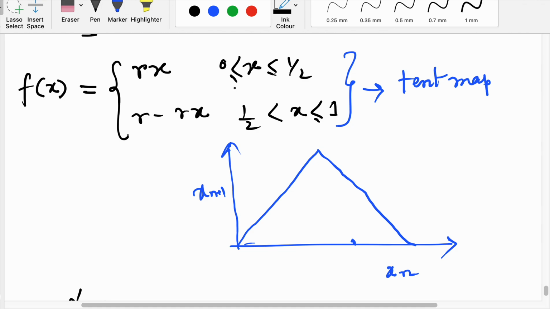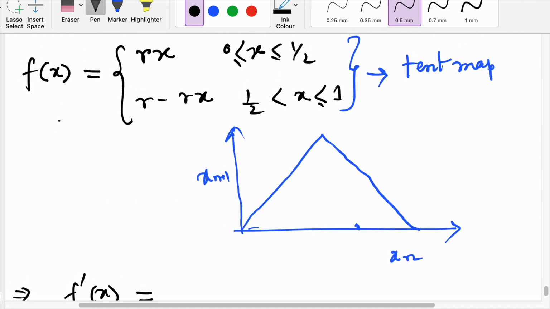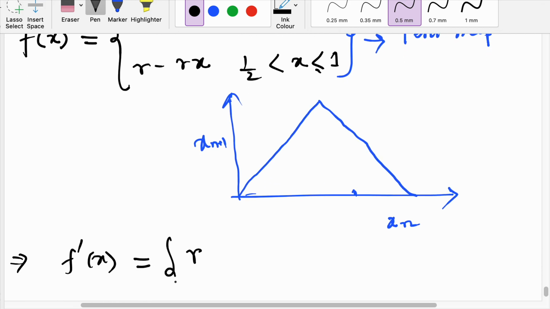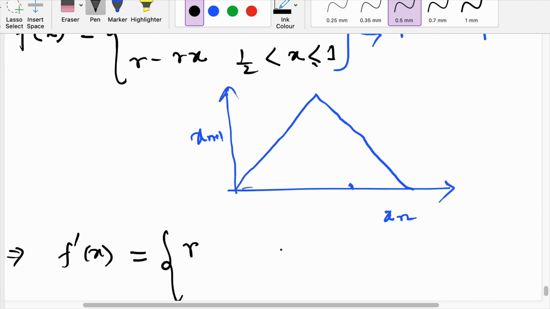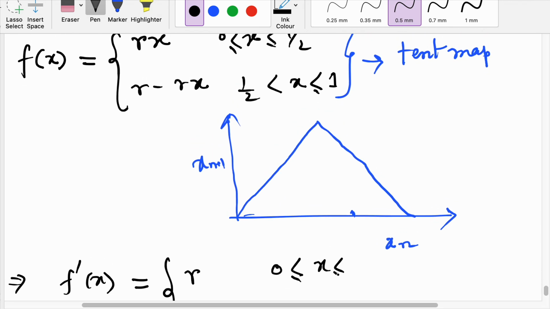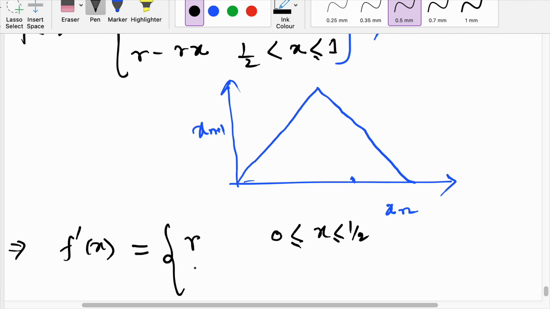The first derivative of f has the value r if x remains between 0 and half, and minus r if x remains between half and 1.